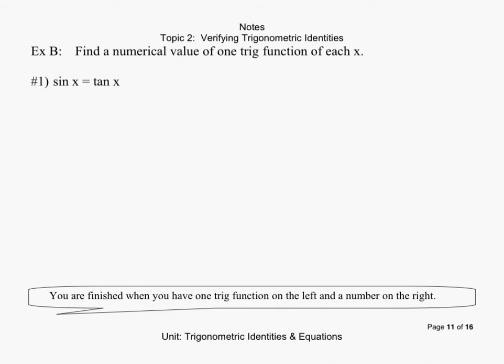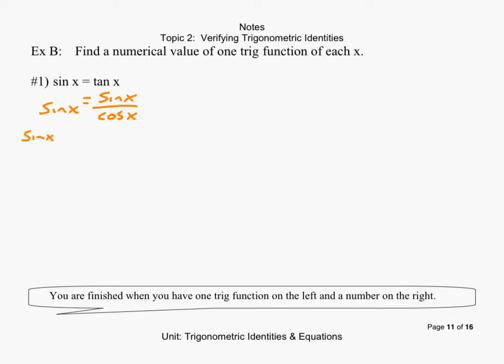I would change tangent of x to sine over cosine. I don't always do that, but I do that very often. Trying to get just to be one trig function. I'm going to multiply both sides by cosine.